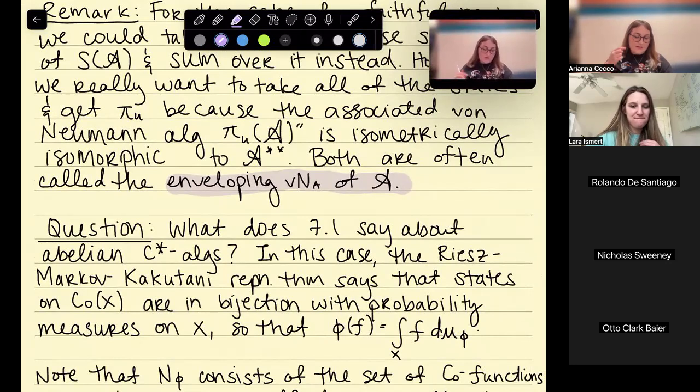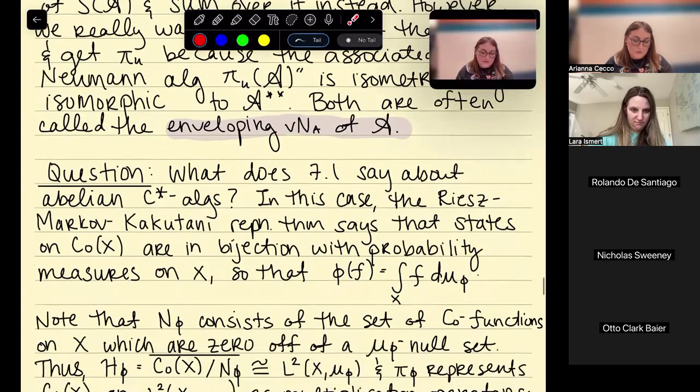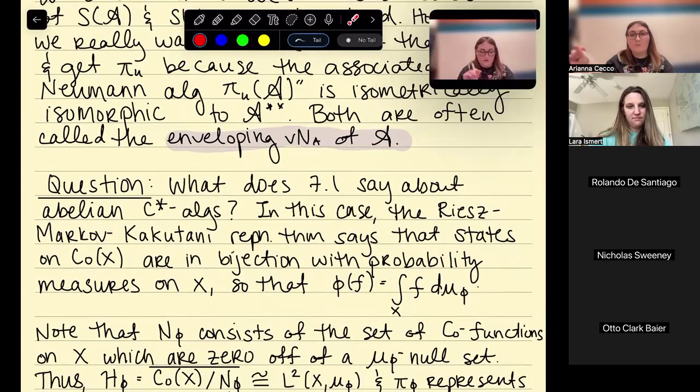The Riesz-Markov-Kakutani representation theorem says that states on C0 of X are in bijection with probability measures on X. So anytime you evaluate a state, you can really think about it as integrating f with respect to the probability measure corresponding to phi.